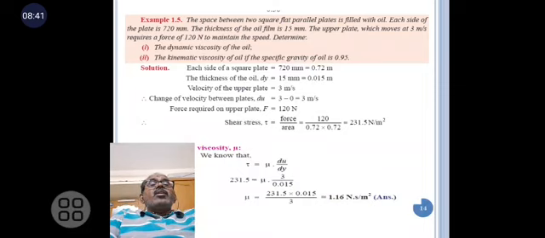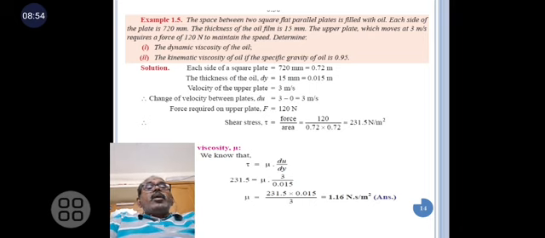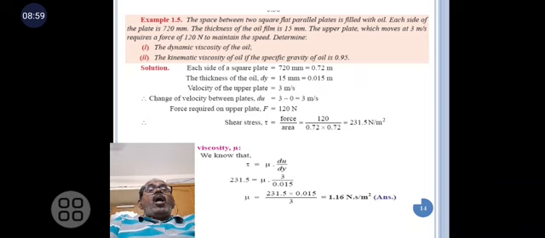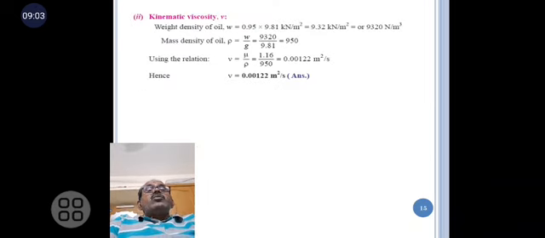Area is equal to a square plate, that means a square, so 0.72 into 0.72. Here unit conversion is needed, so please concentrate on the unit conversion. In this way we find the dynamic viscosity of the oil and the kinematic viscosity of the oil.